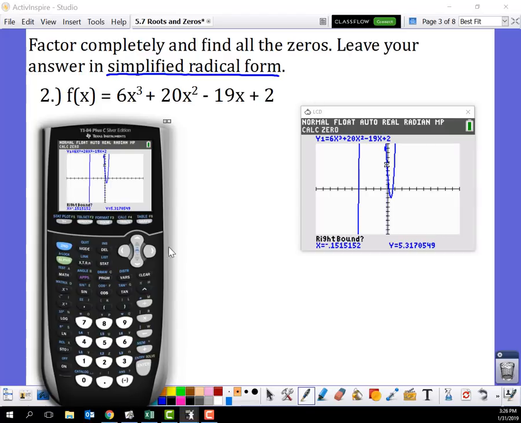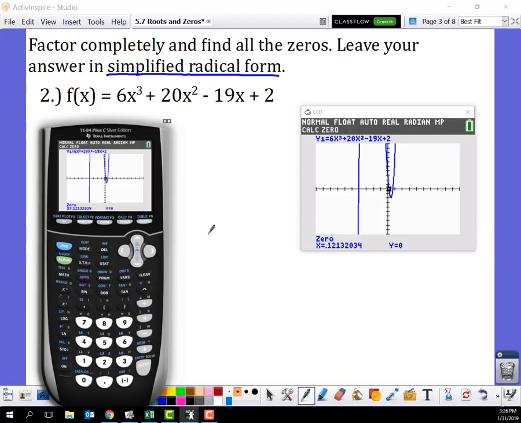Then I press enter. Now I want to be to the left of that 0, and again, think about your sign change in y. Left of the 0 here is positive y's, and to the right of the zeros are negative y's. So I press enter again, and a third time, and it spits out another ugly decimal. So that doesn't really help us either.